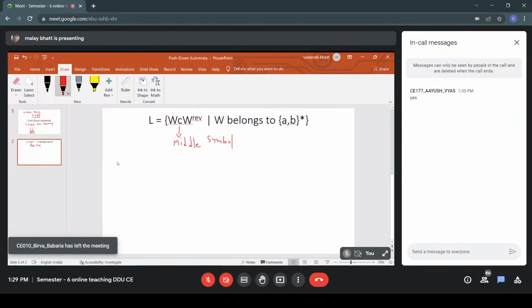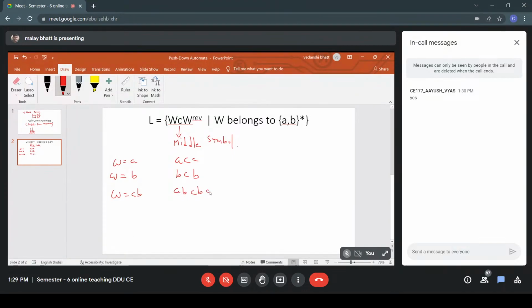If we take W as A, we have a string like A C A. If we take W equal to B, we have B C B. If we take W equal to AB, we have A B C B A. If W is equal to BB, it will be B B C B B. If we take W equal to BA, we have B A C A B. So this is what we are getting as a set of strings.